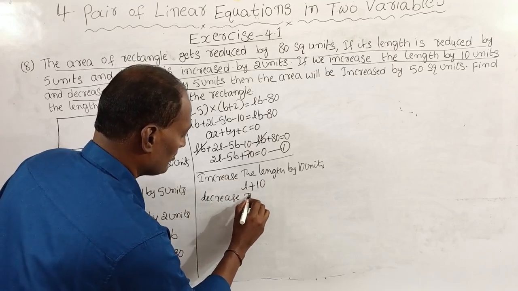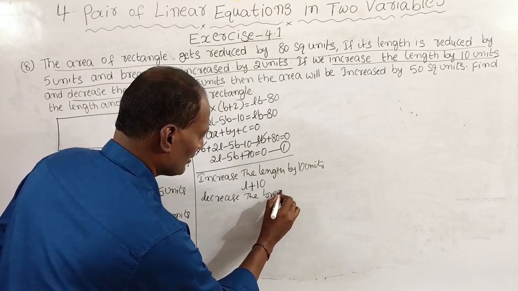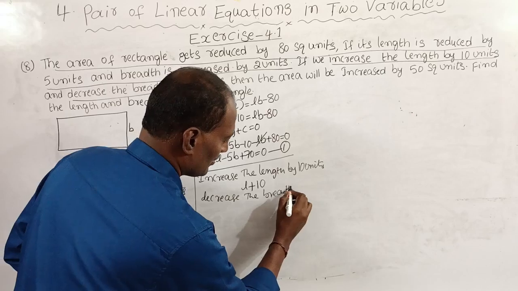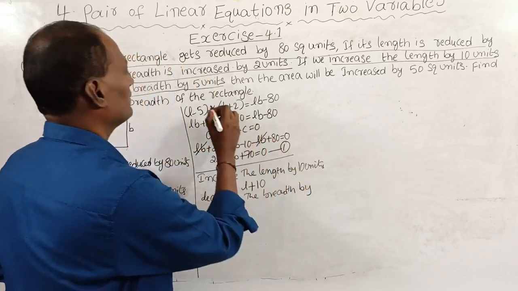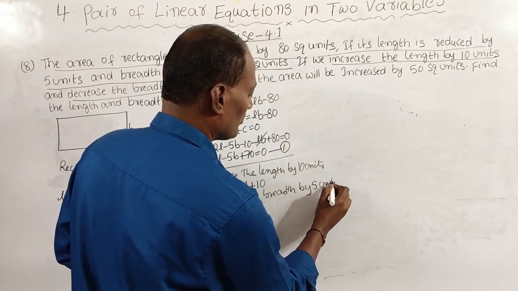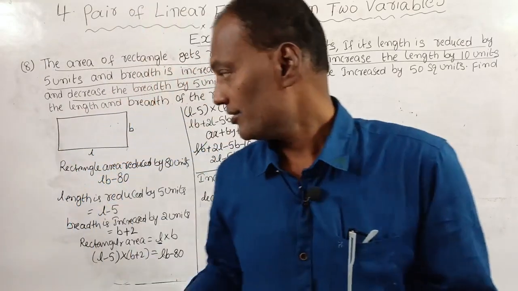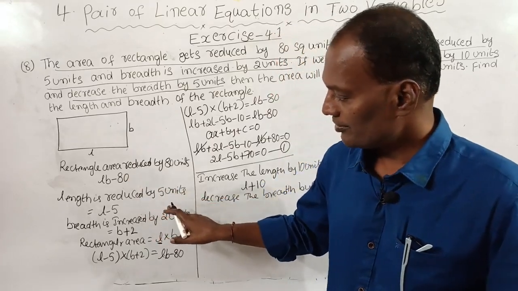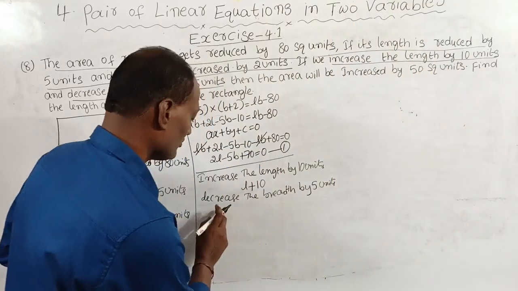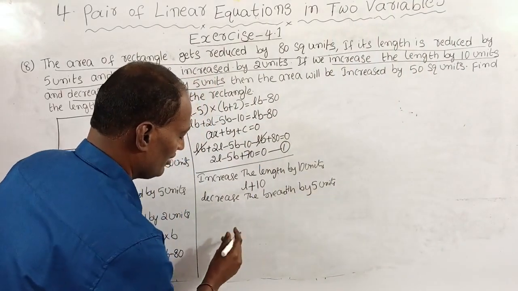Decrease the breadth by how many units? 5 units. You have to write these steps one by one. Then only you can get full marks.